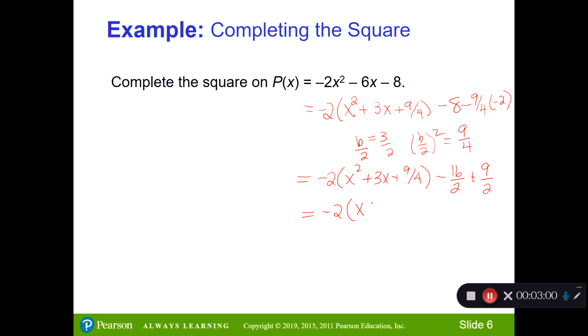So in this case, x plus 3 over 2 squared. I said minus and I meant to say plus. X plus your b over 2 term, quantity squared. So that's why it's important you keep the sign with it. Now, -16 over 2 plus 9 over 2 is -7 over 2. Now, this parabola is now in my form for having completed the square.